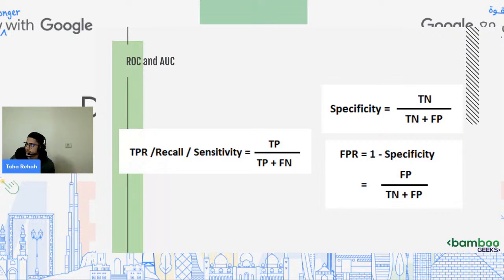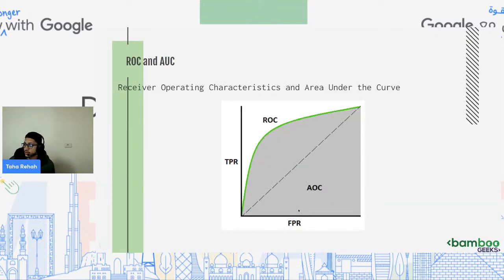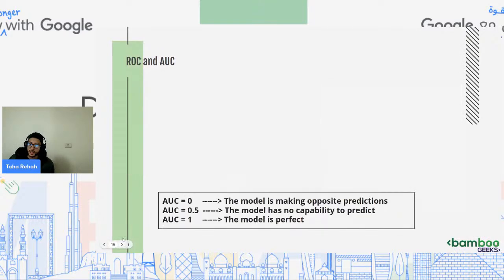In the x-axis we have the FPR, and in the y-axis we have the TPR, the true positive rate. That was the ROC.